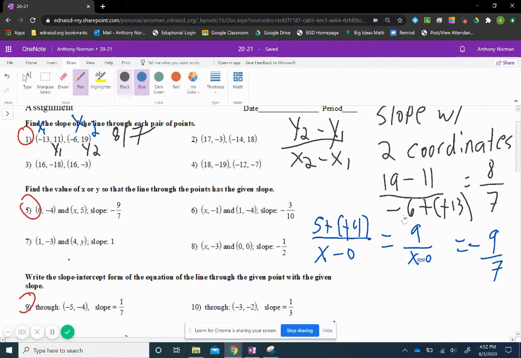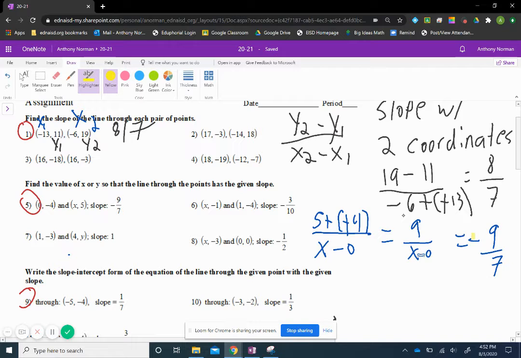Notice that we have a negative sign here. Since this number is positive, this has to be negative, because if we look at our sleepy man, oh, that was bad. Let's go to a pen. If we look at our sleepy man, this is a negative, this is a positive, so a negative and a positive makes a negative.